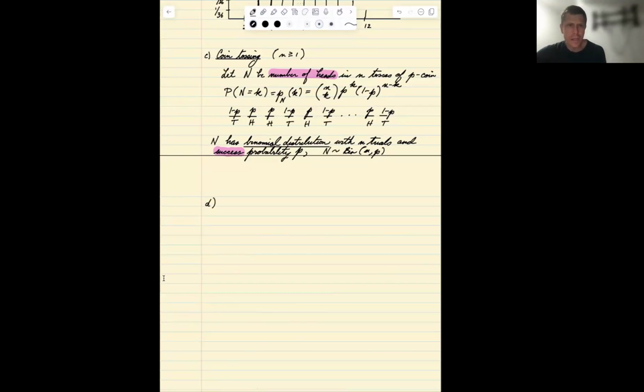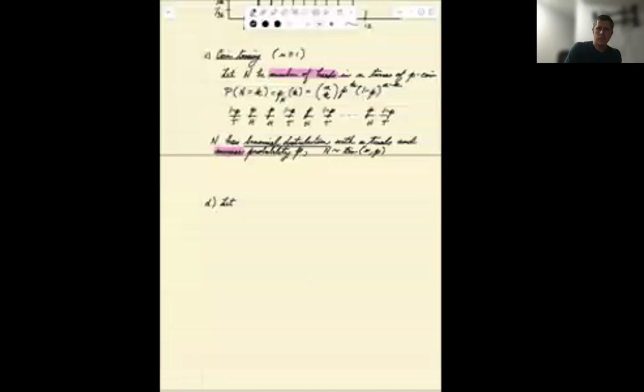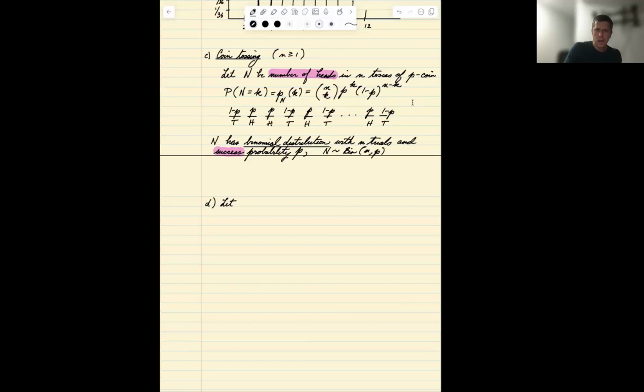All right, here's another one. Let W be the number of tosses required to produce the first head.